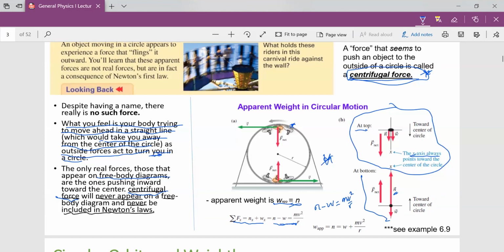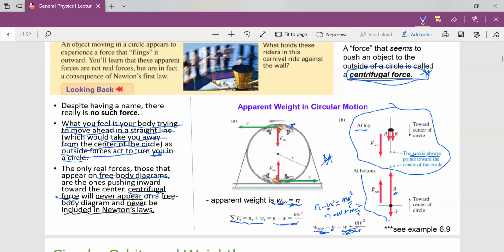If we move this across the sign of equality, it becomes plus. Because we have already established that the apparent weight is equal to the normal force, we have N equal to W plus mv squared over R. So we can substitute that for N here, which gives us apparent weight equal to W plus mv squared over R.